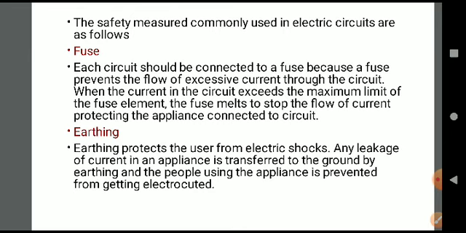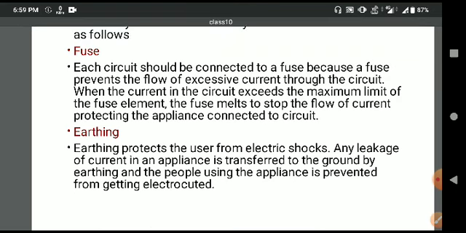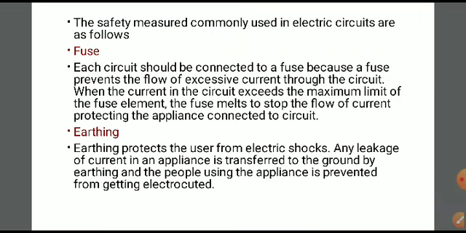So the provision of earthing is provided because the earthing wire is attached to the body of the appliance. Whenever such things happen, the entire current will pass through the earth wire, because it is at a zero potential, right?